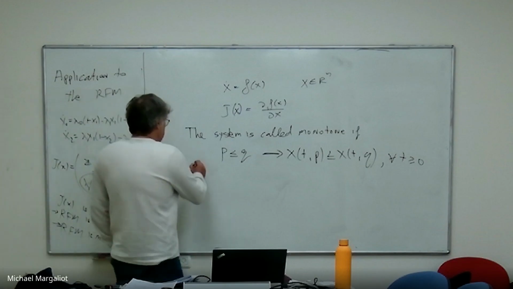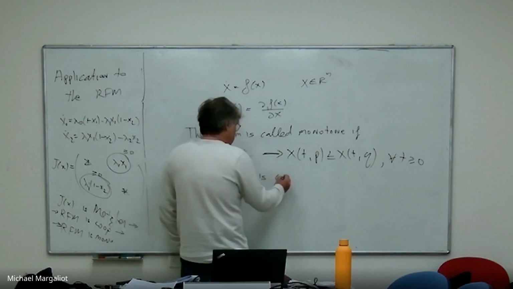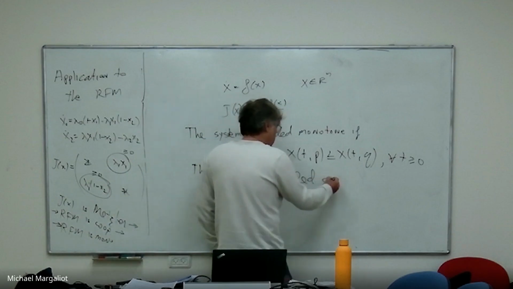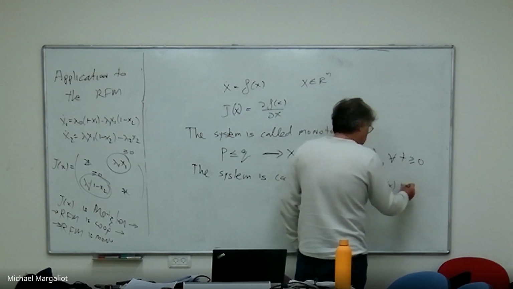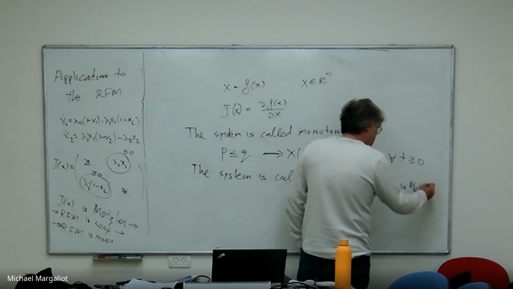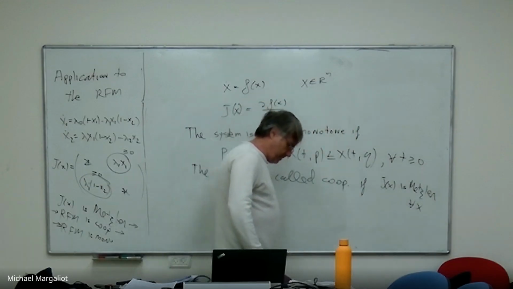And the system is called cooperative if the Jacobian is Metzler for every x.